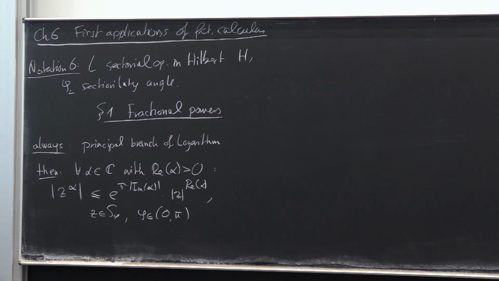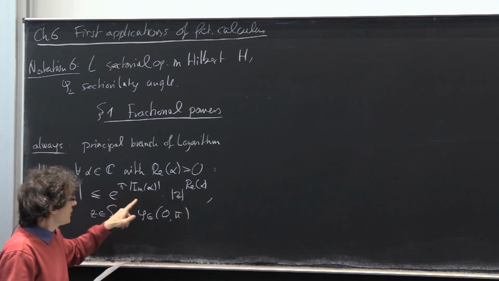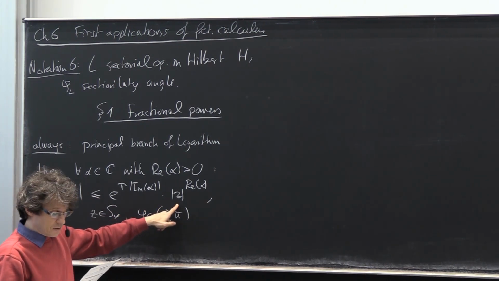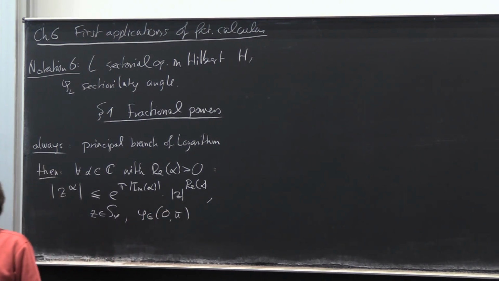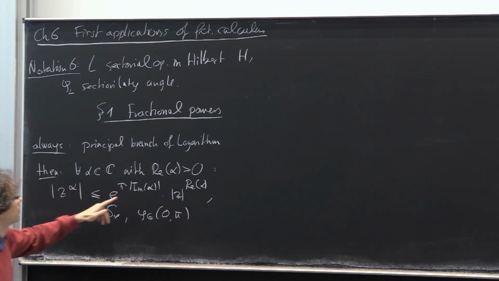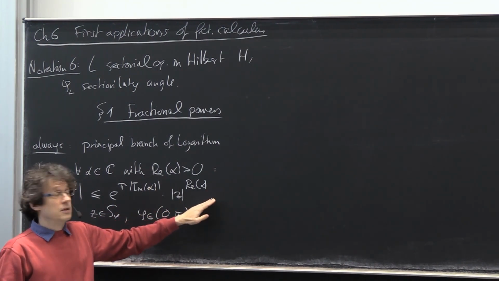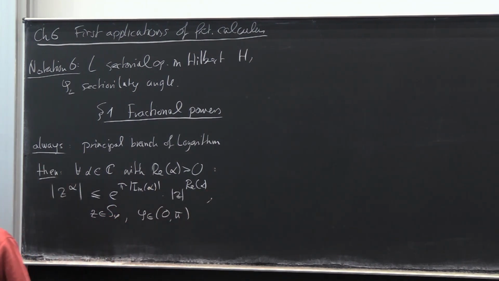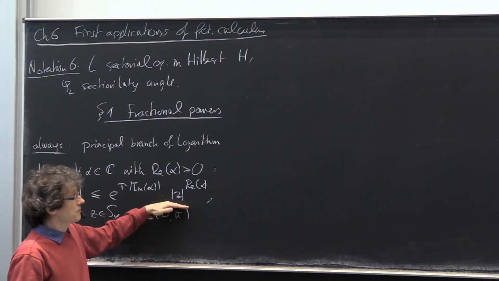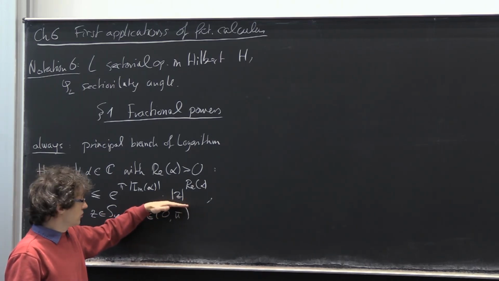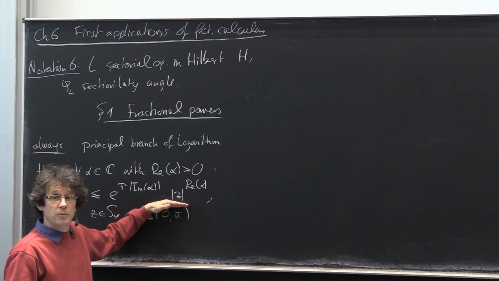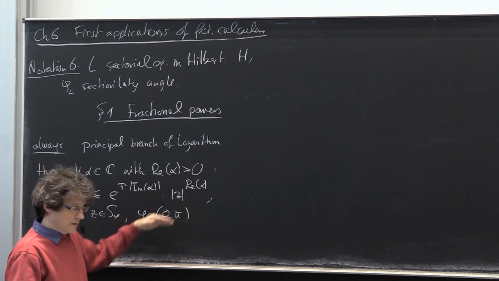So this estimate always goes through, and this means that this complex function z to the alpha has a polynomial limit in 0 and a polynomial control at infinity. The real part of alpha is positive, so for z going to 0, this goes to 0, and in a polynomial way, so there's polynomial control in 0. And it grows at infinity, but in a polynomial way, so there's polynomial control at infinity.